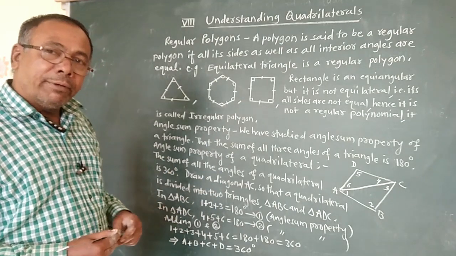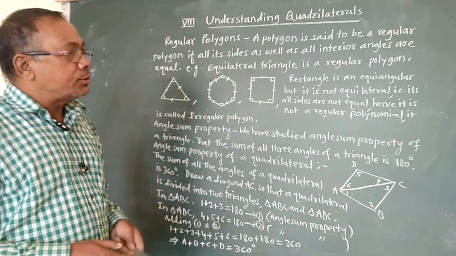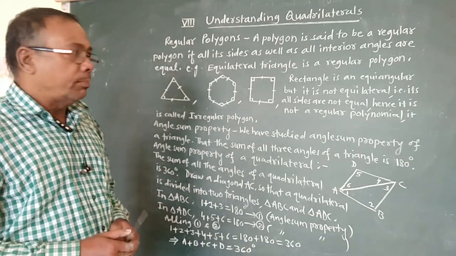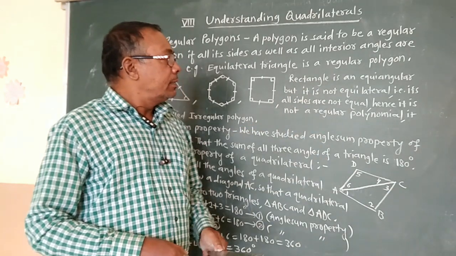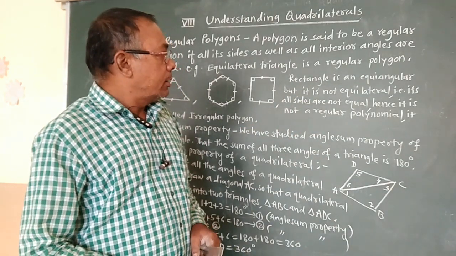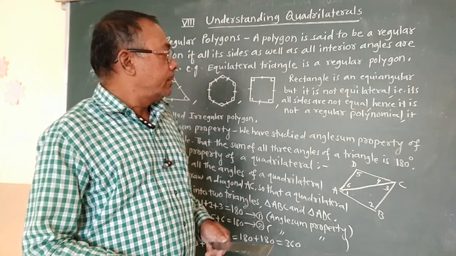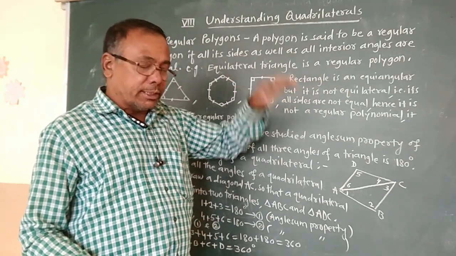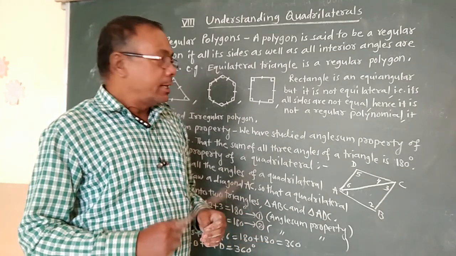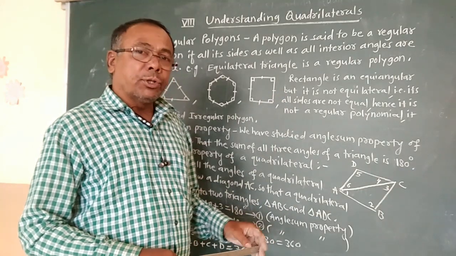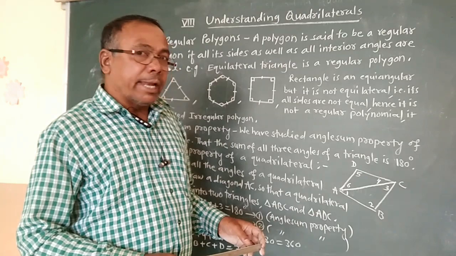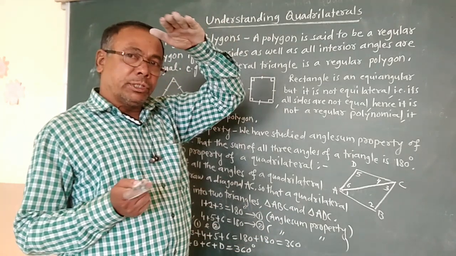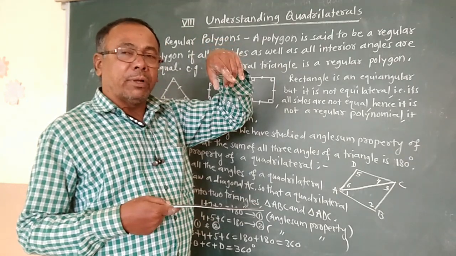But mind well that a rectangle is not a regular polygon, because a rectangle is equiangular, means all its angles are of 90 degrees, but it is not equilateral, means all the sides are not equal, only the opposite sides are equal.